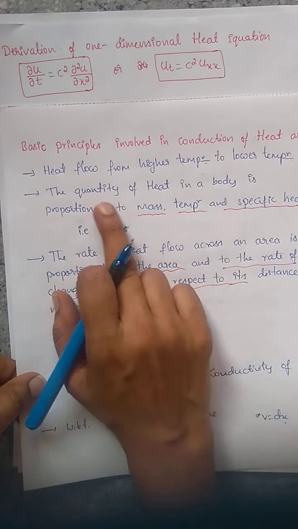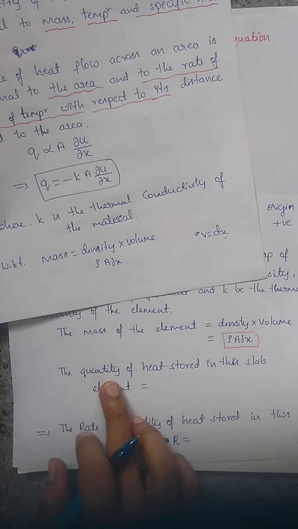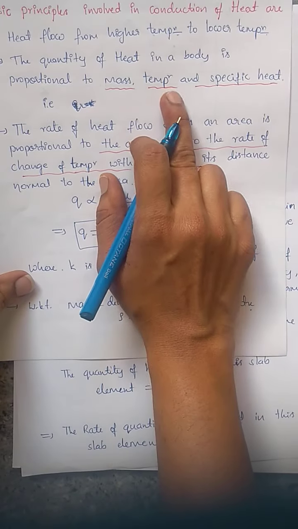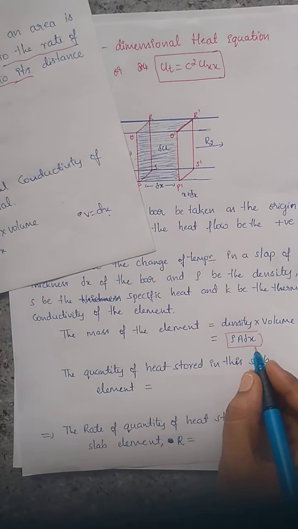So the quantity of heat stored in this slab is equal to mass into temperature into specific heat.